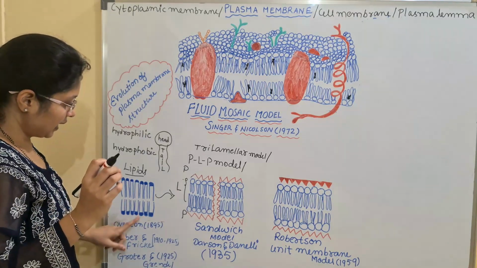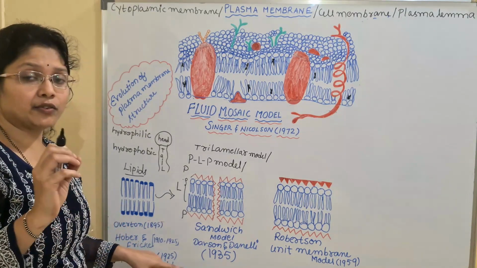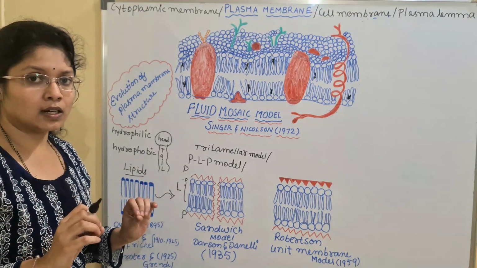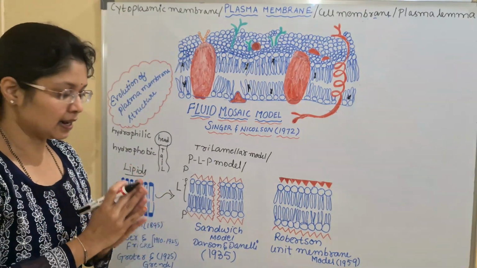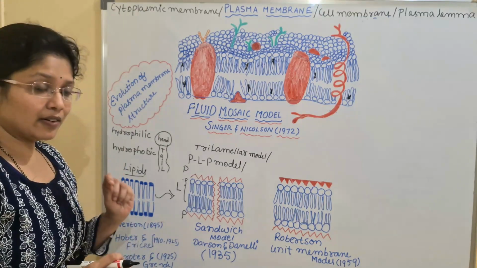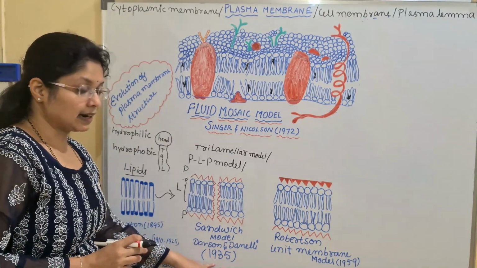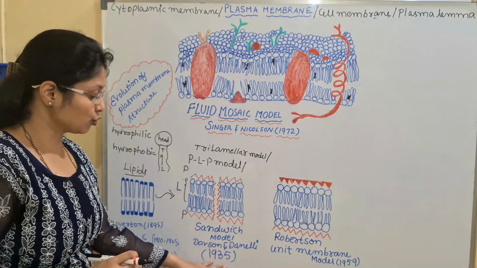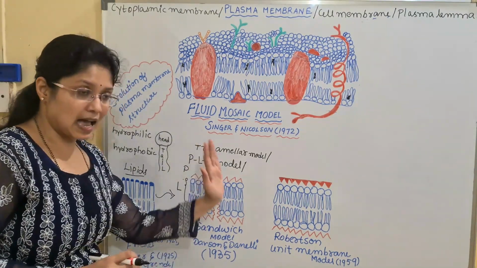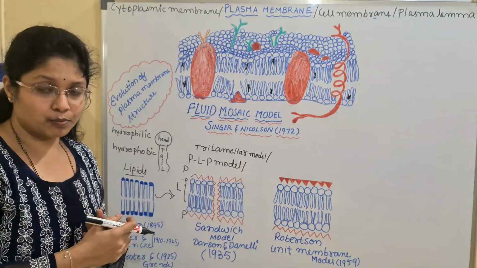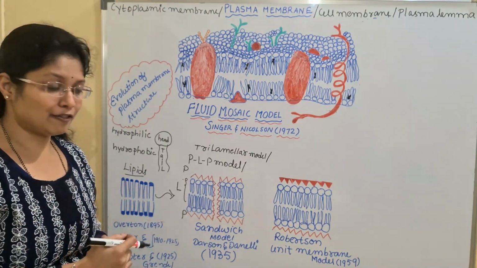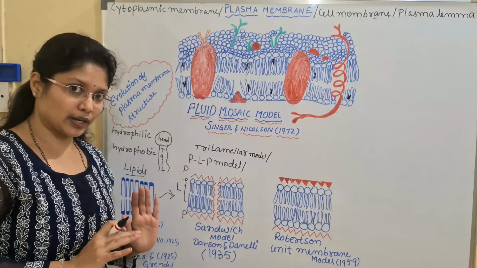From 1895 till 1925, it was known that the lipid molecules are mainly present in the plasma membrane. And later, with the discovery of Davson and Danielli in 1935, it was known that the proteins as well as the lipids both are present in the plasma membrane, forming this structure.